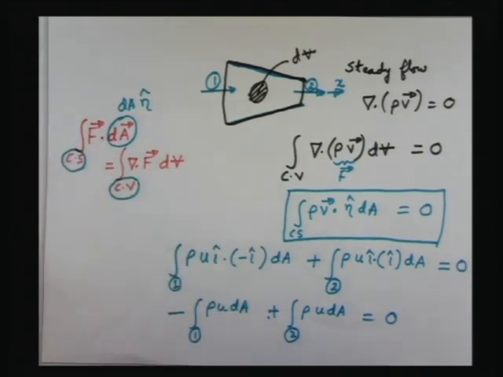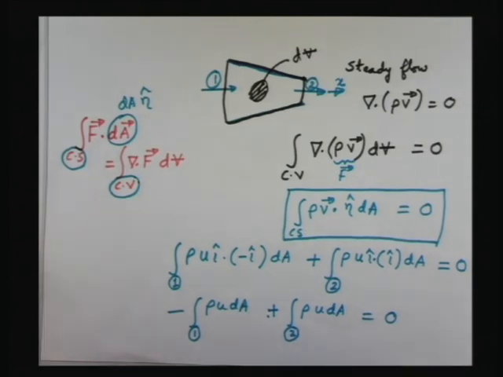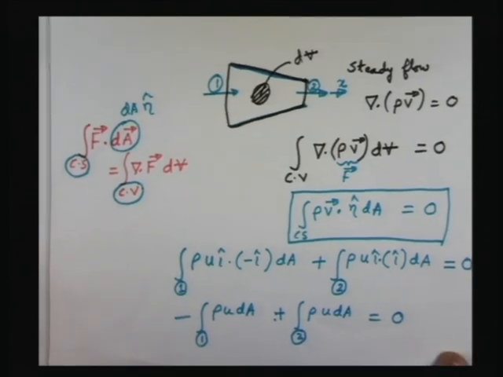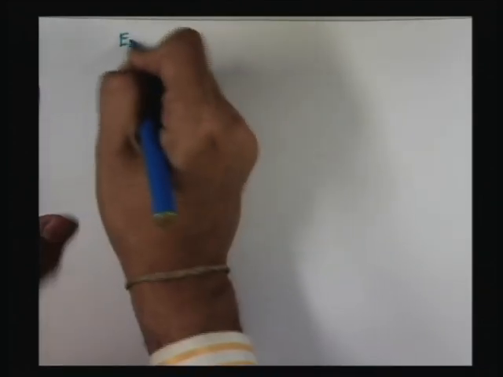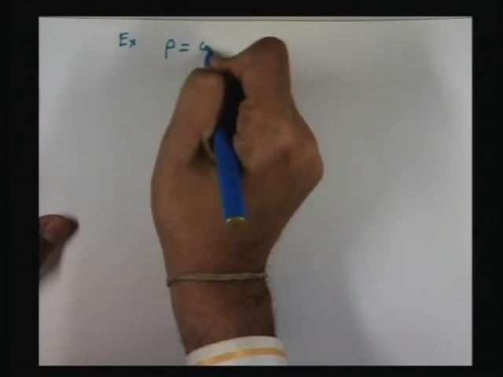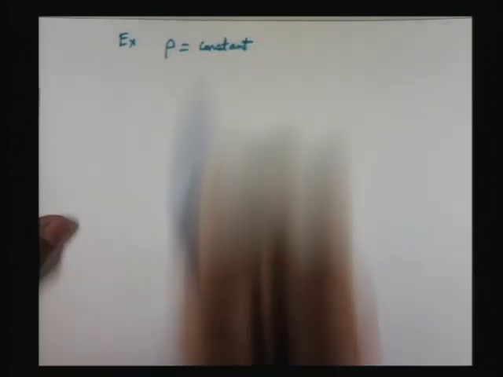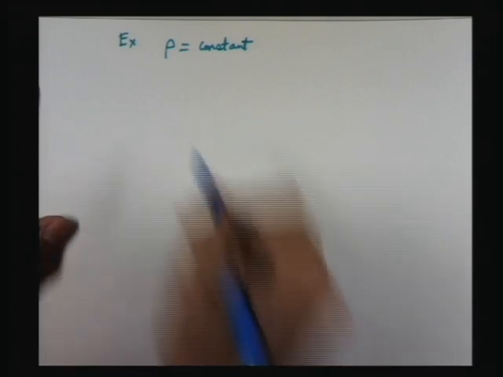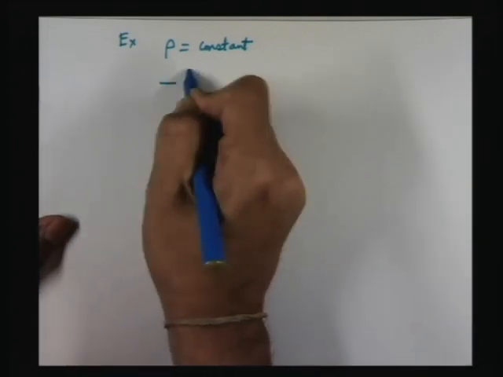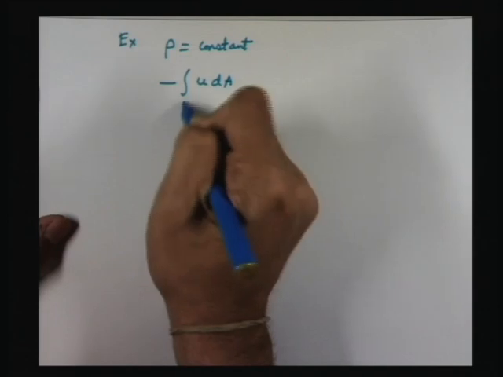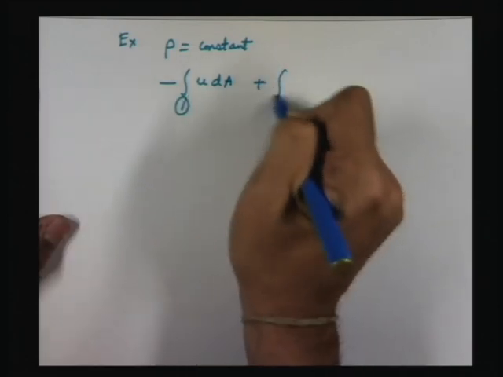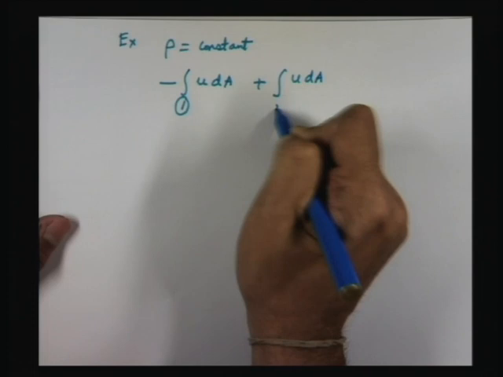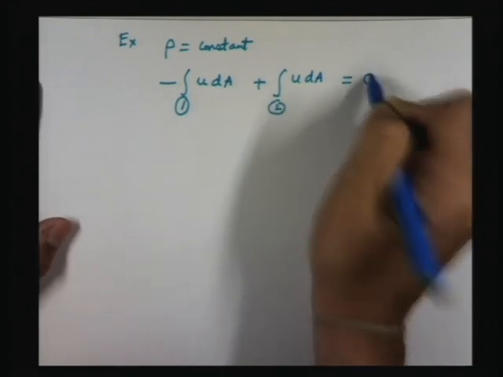Let us consider a special simplified case where rho is a constant. Again a special case of incompressible flow. So let us take an example with rho equal to constant. Rho equal to constant means you have minus integral of u dA over surface 1 plus integral of u dA over surface 2, this equal to 0.